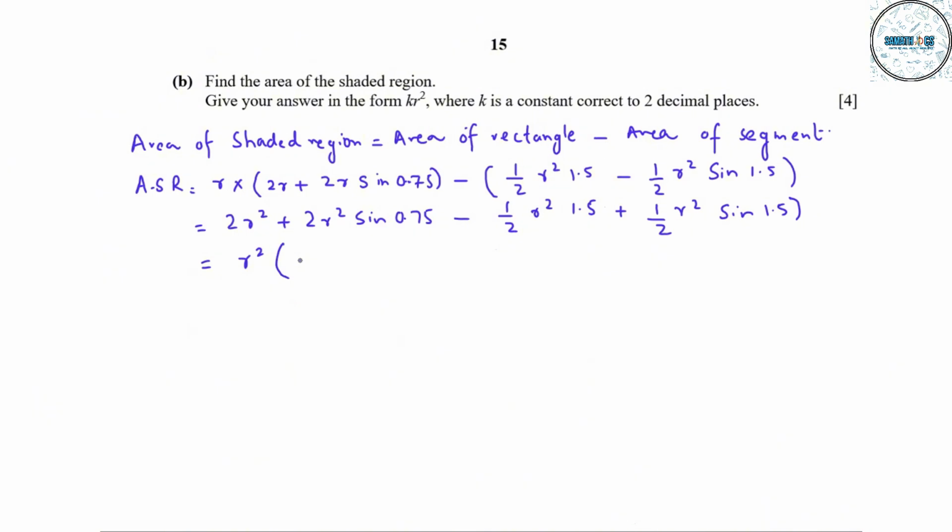So we will be left with 2 plus 2 sine 0.75 minus, when we divide 1.5 by 2, it will be 0.75, plus sine 1.5 divided by 2.